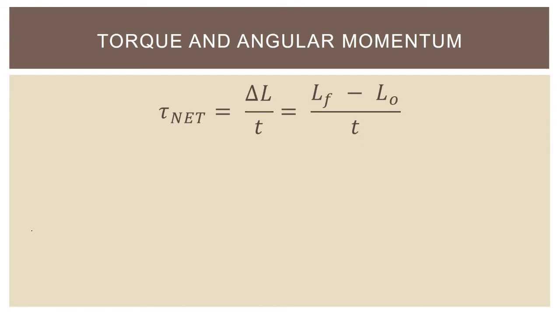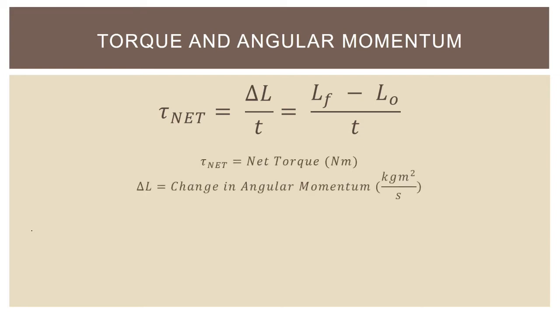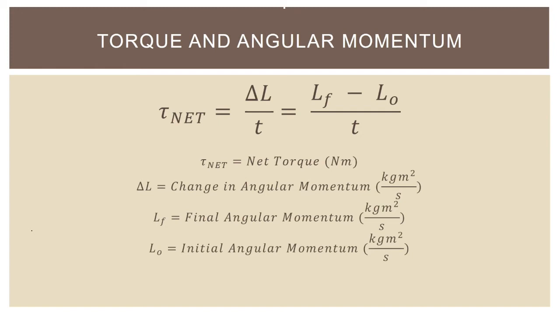And that means L final minus L initial over time, the final angular momentum minus the initial angular momentum over the time, where of course tau net is the net torque, delta L is the change in angular momentum, L with the subscript f is the final angular momentum, L naught is the initial angular momentum, and of course t stands for the time.